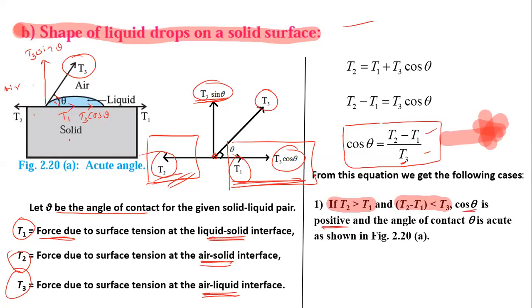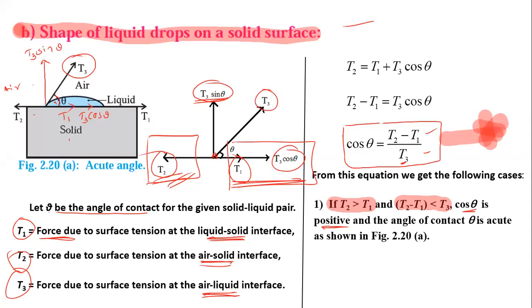If cos theta is positive, definitely the angle of contact is less than 90. If any angle is less than 90, the cos of that angle is coming positive. You know that cos pi is how much? Cos pi is minus 1. Because the angle is greater than 90, the cos of that angle is coming negative.